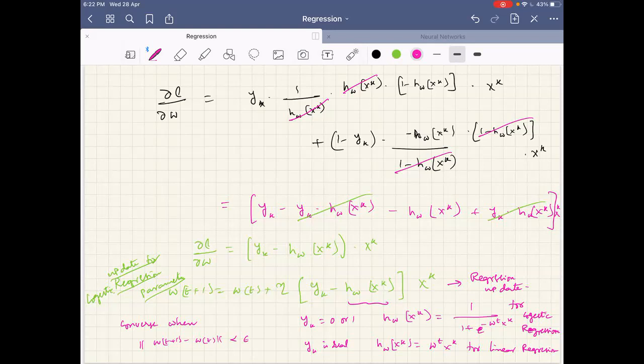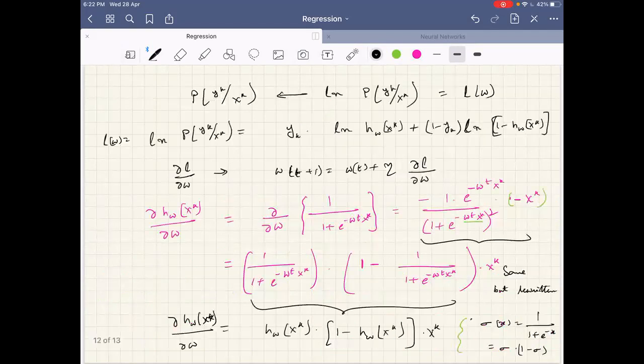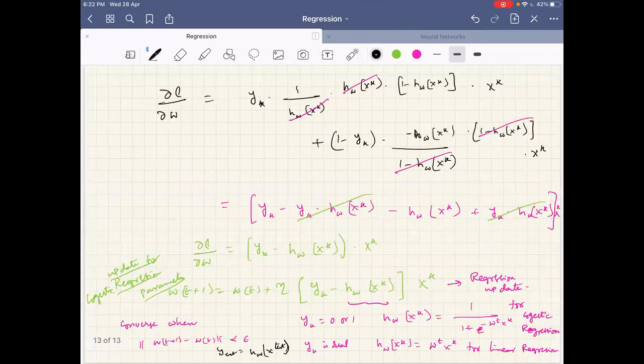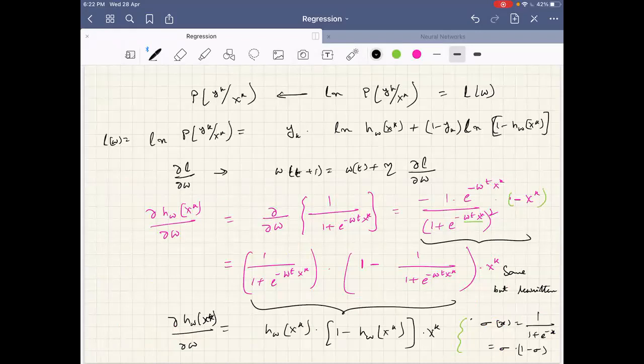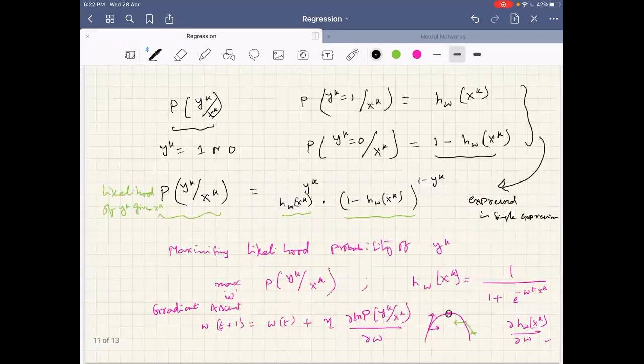And at that time we can find out the estimated value of yk, Y estimated, for a test sample. We can find it out as HW of X test sample, right? So this framework is in some sense applicable either for classification or for mapping the feature values to any real number, that is, estimation of cost or any real parameter. Okay, thank you.